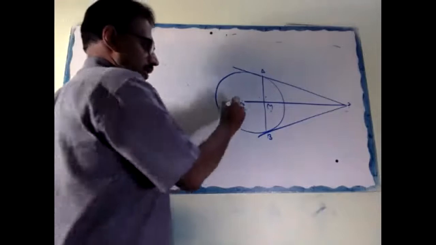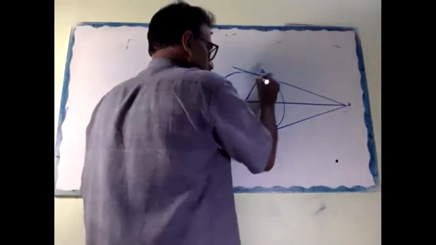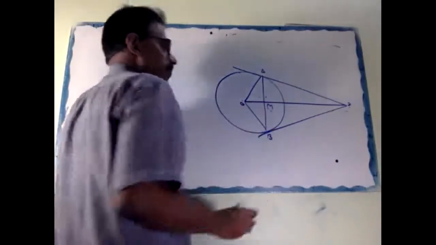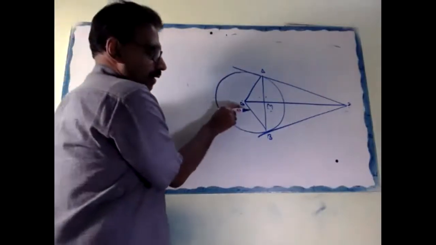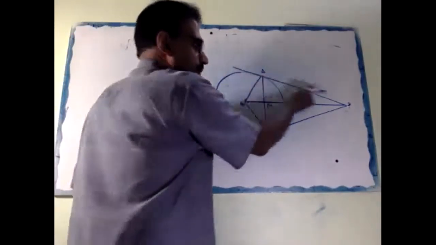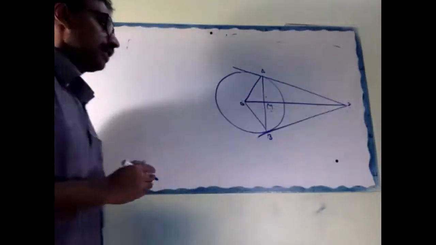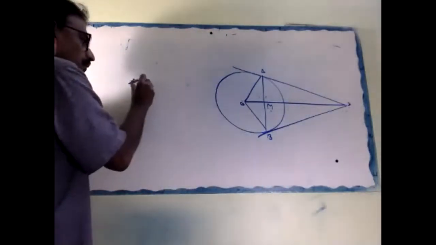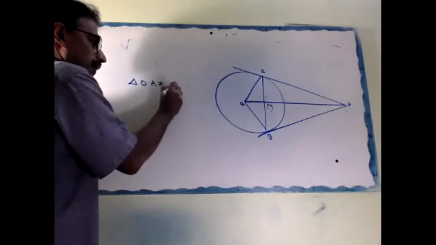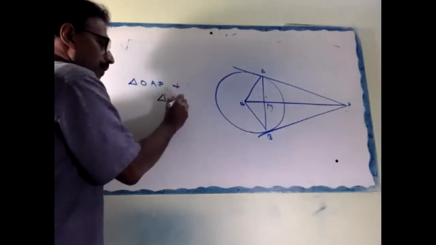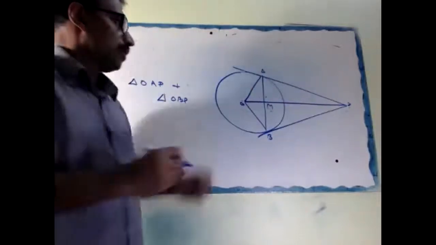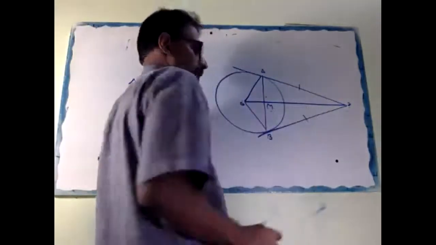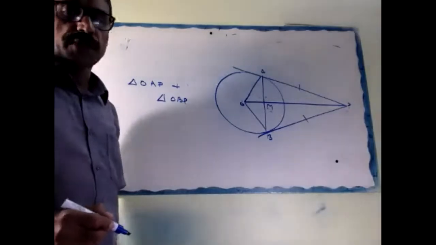First of all, construction: join OA and OB. Then, in triangle OAP and triangle OBP, PA equal to PB, tangents from an external point are equal.